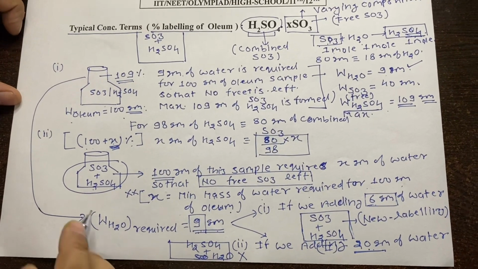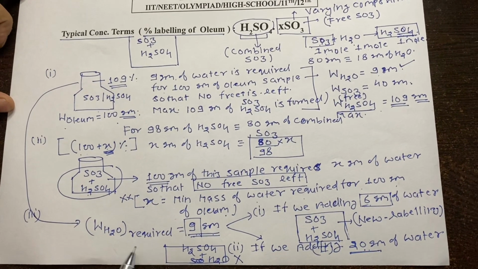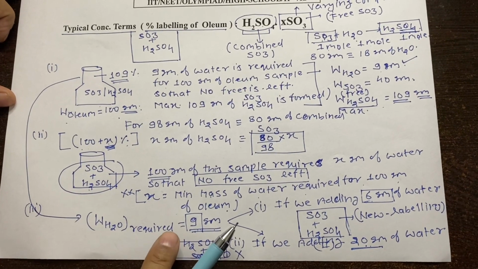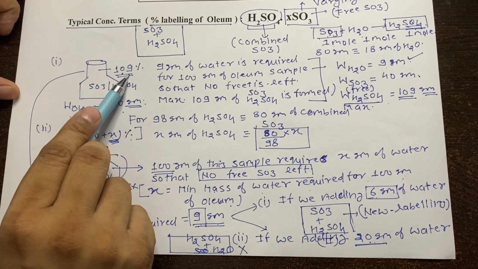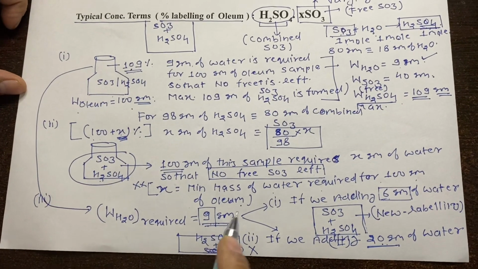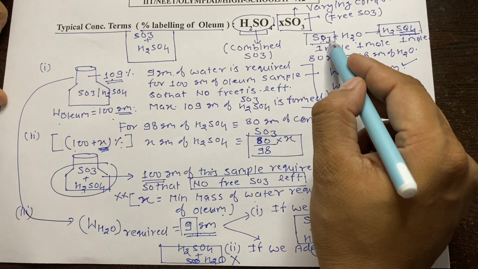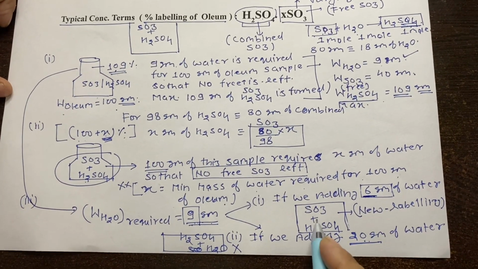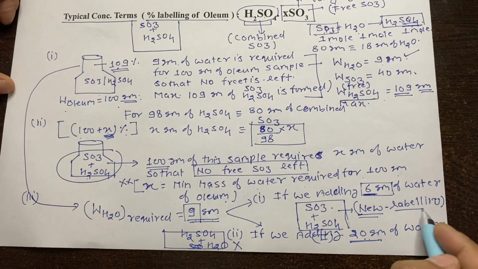And in the third point, I told you that if we are adding the water as required by the labeled sample, for example 109%, 9 gram of water is required, and we are adding 9 gram of water, it will be converted completely into H2SO4, no free SO3 is present. But if you are adding less amount of water, definitely some free SO3 will be present, and it is required to label the sample again.